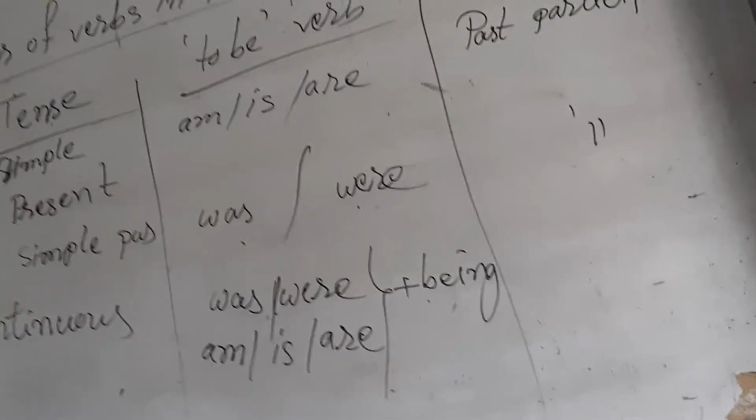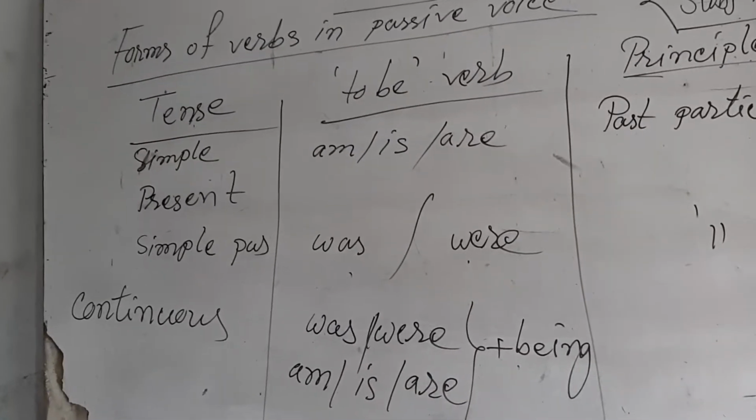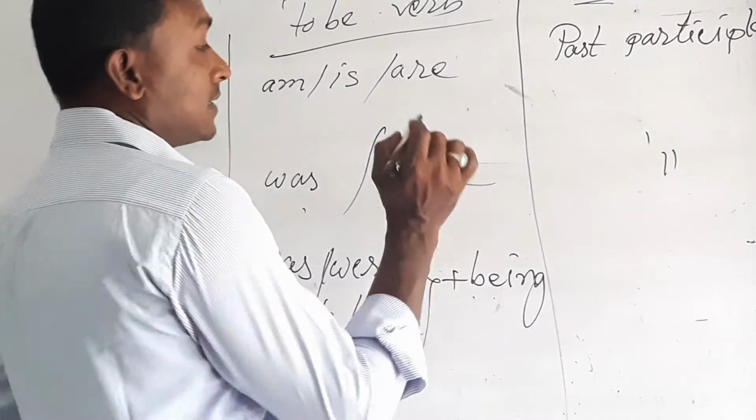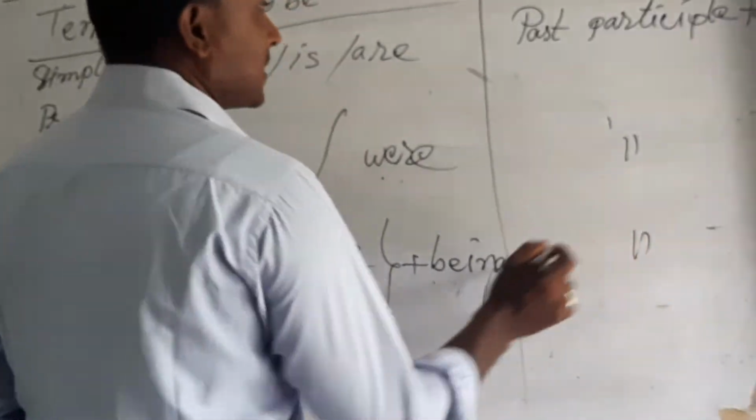With continuous, the to be verb being will be added, and the main verb will take the first participle form.